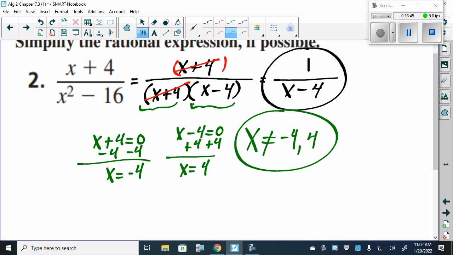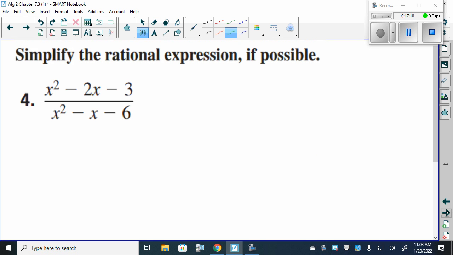Because if one of our answers when we solve is one of these two numbers here, we know it's an extraneous solution. Because any extraneous solution is a solution we arrive at, but will not work in the original problem. Questions on this here? Okay.